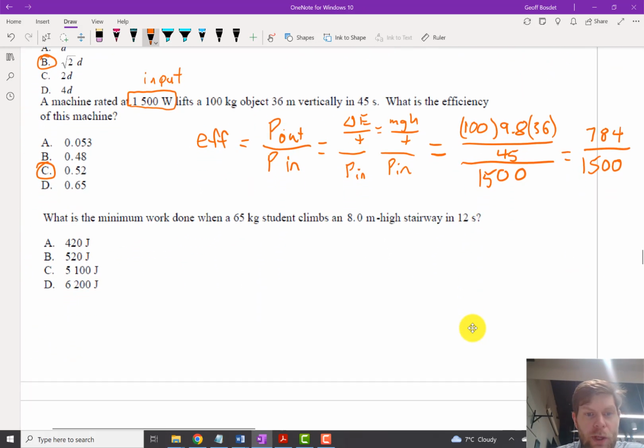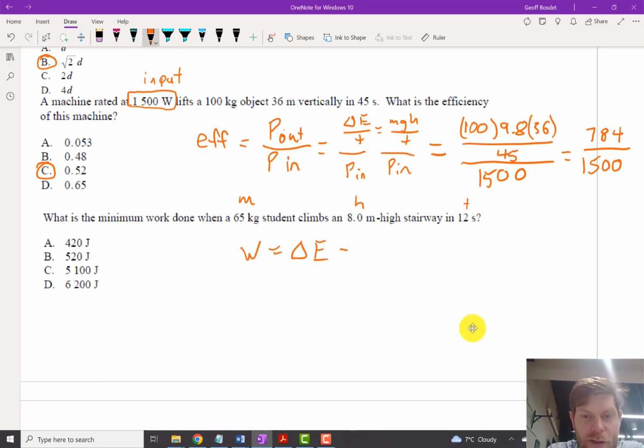Next guy, we want to know the minimum work done when our student climbs to a height in a time. Time's not going to factor into this. This is a big troll to make you try to solve for power. But work is change in energy.